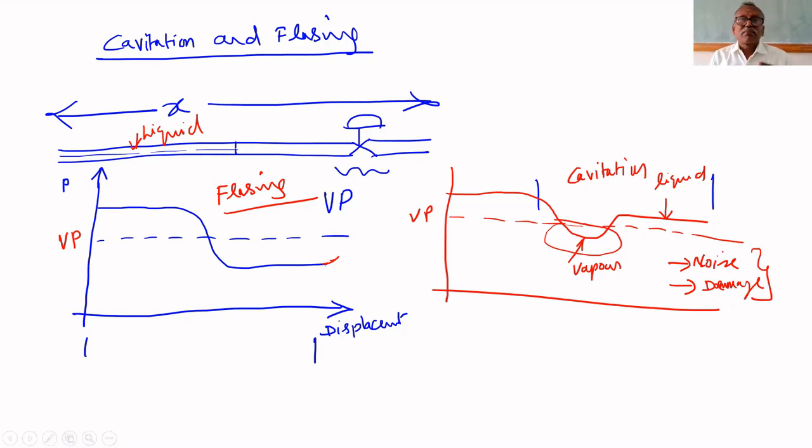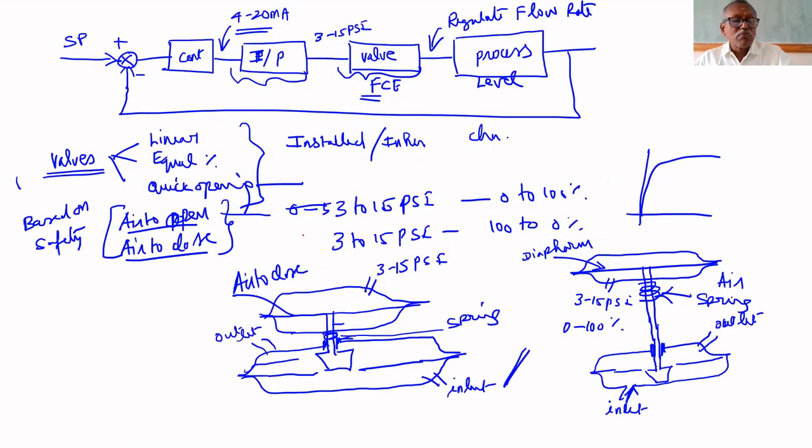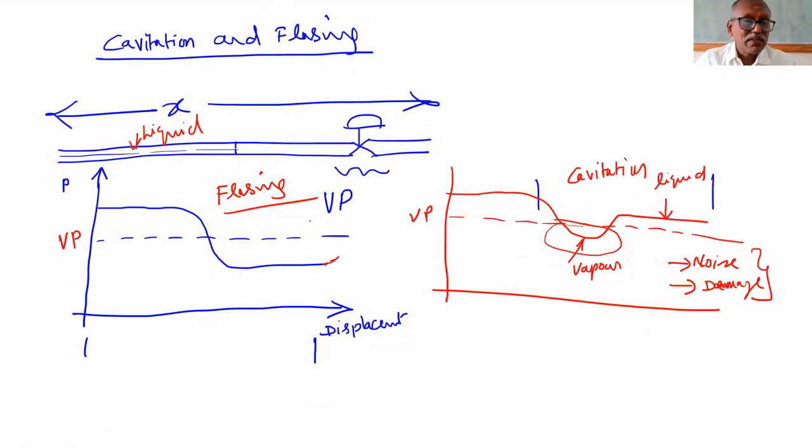That's why upstream pressure, downstream pressure, and designing the valve are very important because of these problems. Cavitation, flashing, air to open, air to close, how it behaves after installation, whether it is linear, equal percentage or quick opening, whether it completely becomes linear or not: these all affect the performance of the process. That's why the valve is a very big subject.